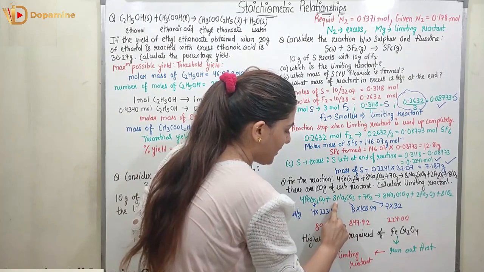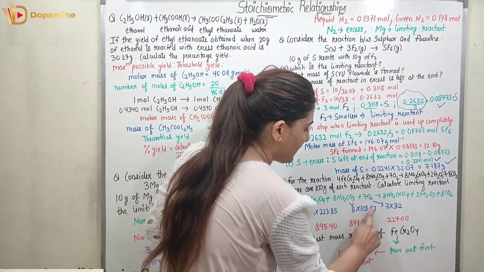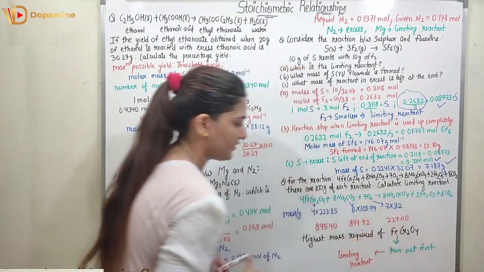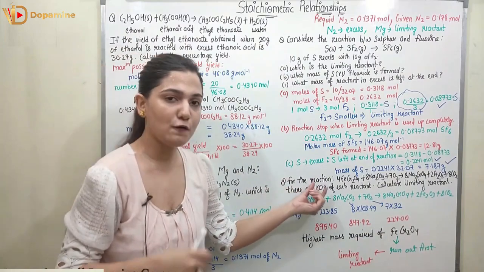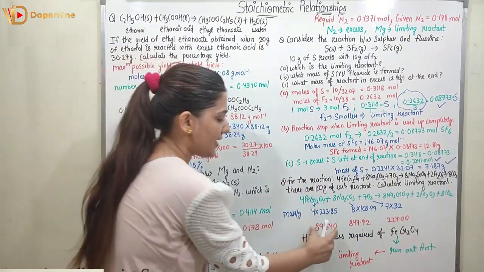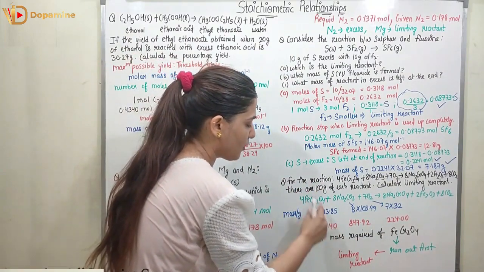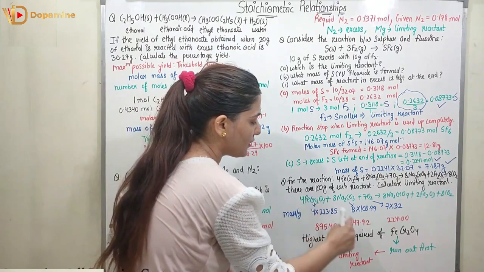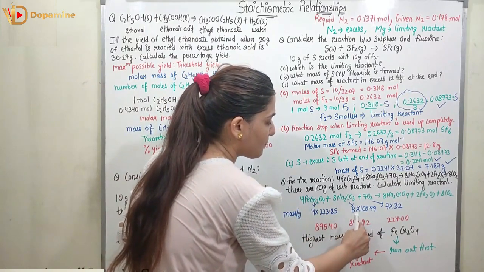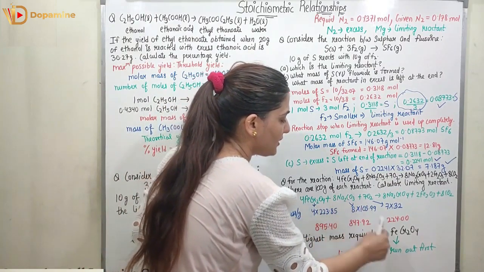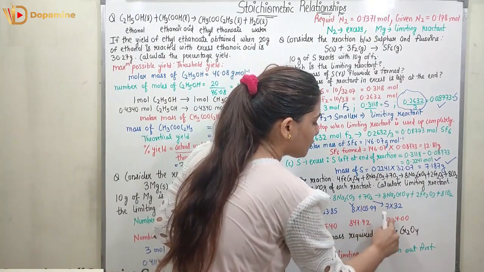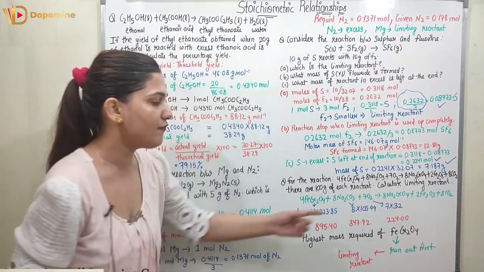Here we are multiplying 8 with 105.99. Here we are multiplying 7 with 32. Because equal amounts of each reactant were given, 895.40 grams of FeCr2O4 is reacted with 847.92 grams of Na2CO3, and it is reacted with 224 grams of oxygen.